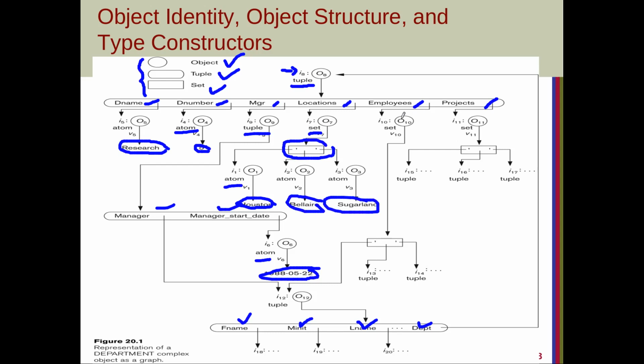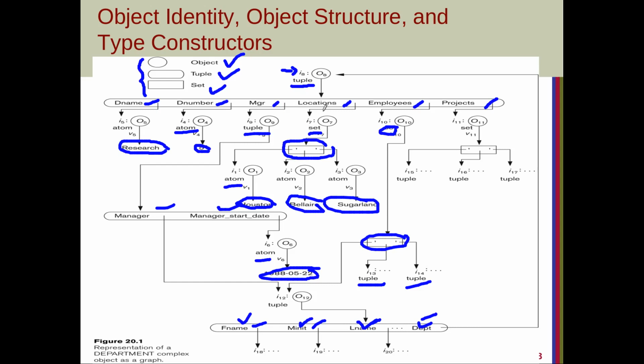Then employees refer to object 10, which has identifier I10, which is again a set. Then the set is represented here. The first part of the set is its employees: first name, init, last name, department, etc. Then I13, which is again a tuple, which is further divided. Tuple 14 is also divided. This portion is not given because this is the way we are expanding the structure of an object. Starting from O8, the structure is being expanded.